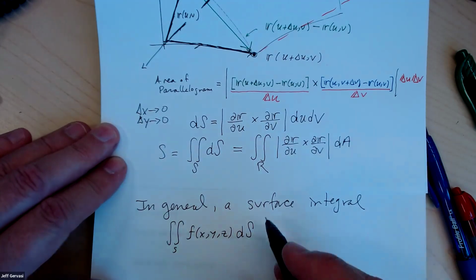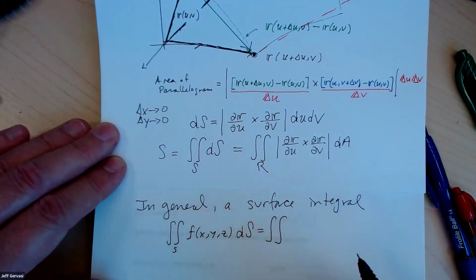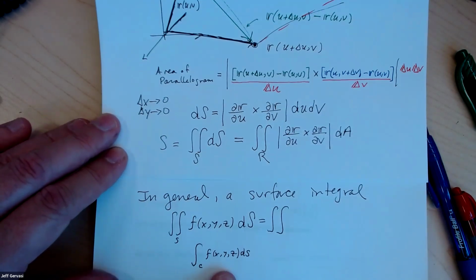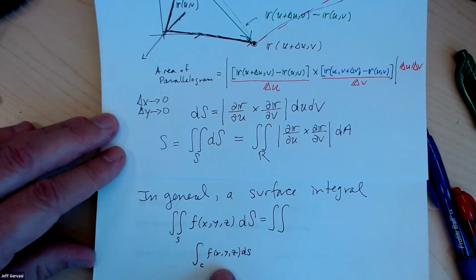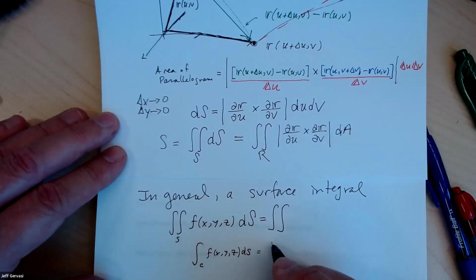To solve it, well, let me ask you this. How did you solve line integrals of this form? You remember how to do that? Right. You have to put them in parametric form. That's right. We write like this.